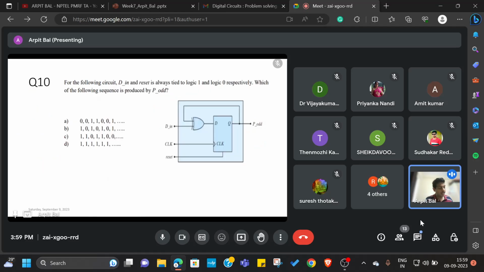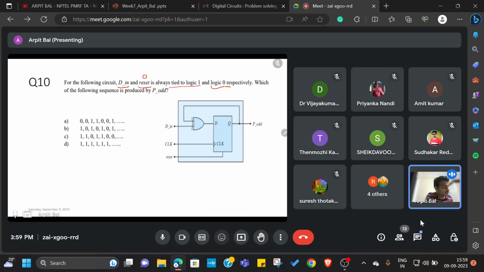So moving on to the next question. Okay, so in the next question we are given a circuit again. Let's figure out what information is given to us. It is mentioned that D in and reset are always tied to logic 1 and logic 0 respectively.